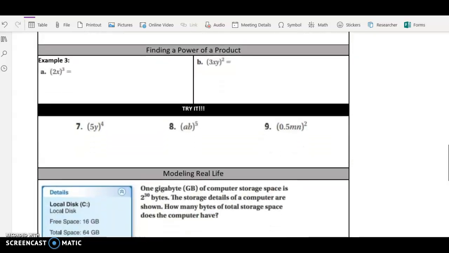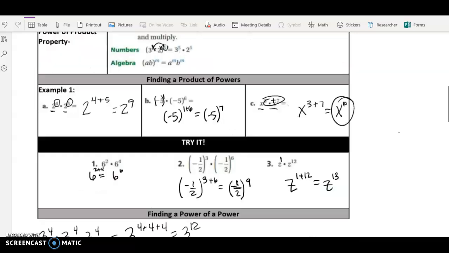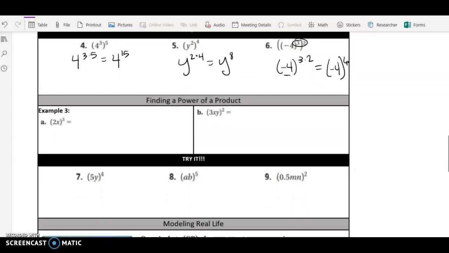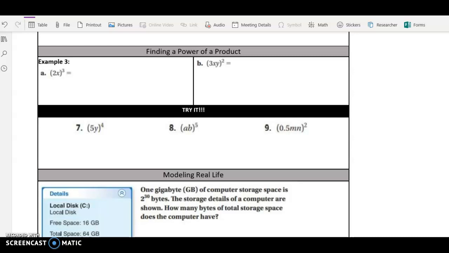All right, so now finding a power of a product. I kind of told you this earlier in the notes when we were going over vocab, but not everything can be multiplied together inside those parentheses. Even though the 3 and 2 up here could be, and we could have done 3 times 2 is 6 to the 5th power, we can't do that now because there's an x, and we can't combine something that has an x with something that's a 2.